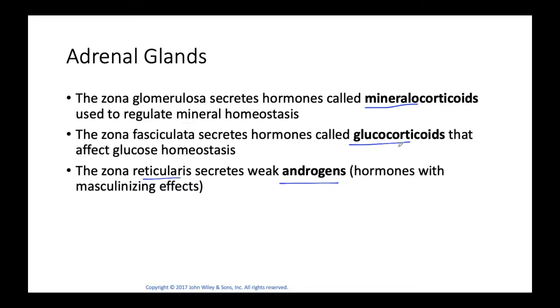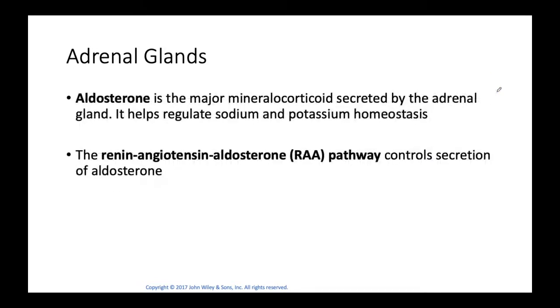With the glucocorticoid, we're thinking cortisol, and with the mineral corticoid, we're thinking aldosterone. So aldosterone is the major mineral corticoid, and it helps to regulate sodium and potassium homeostasis, retains sodium and kicks out potassium.